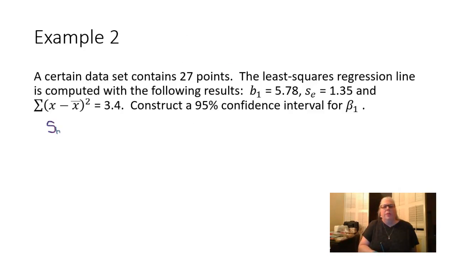S sub B, the standard error for our slope, is going to be the standard error for the residuals divided by the sum of the squares of x. Let's put this in the calculator and see what we get. Oh, we have to square root that, don't we?